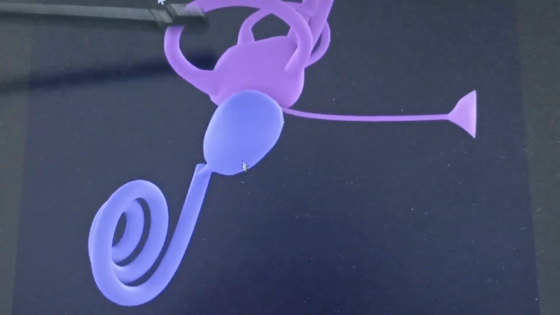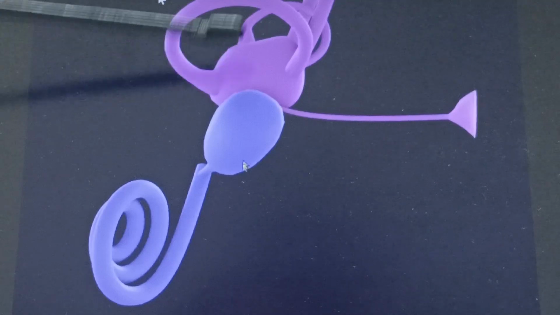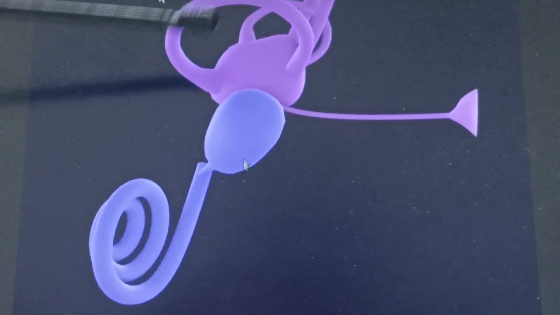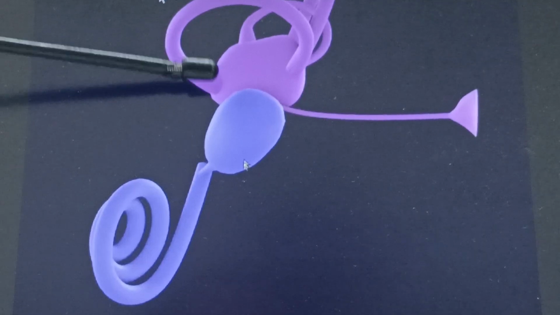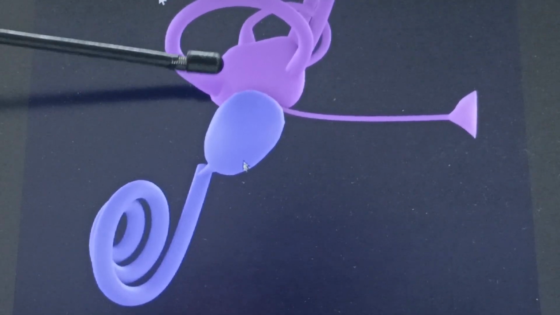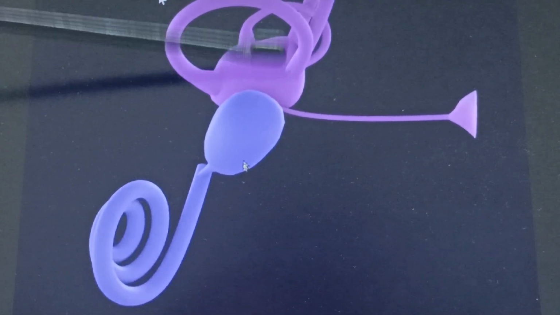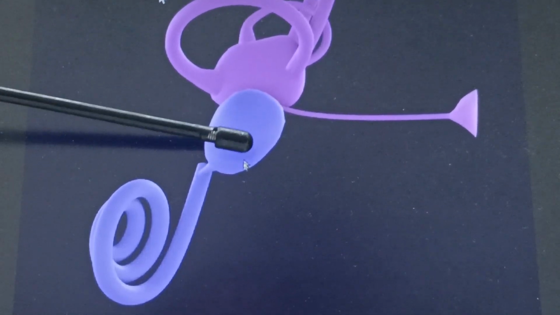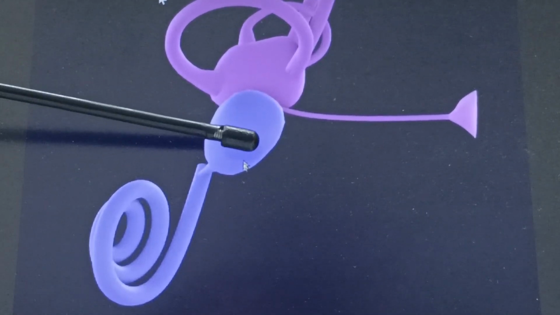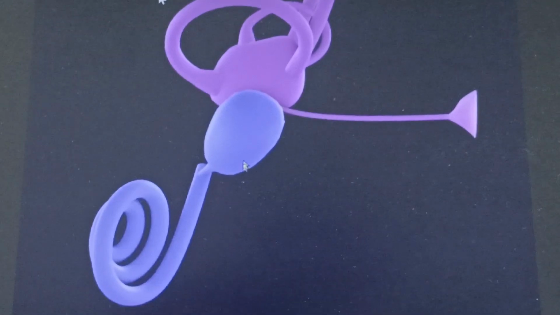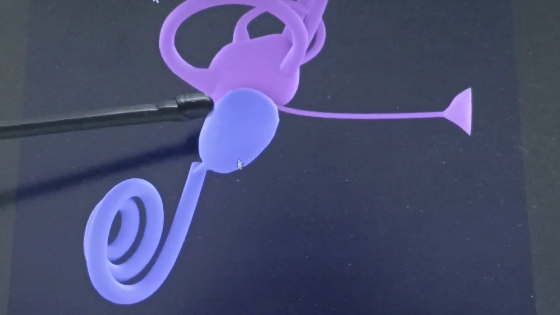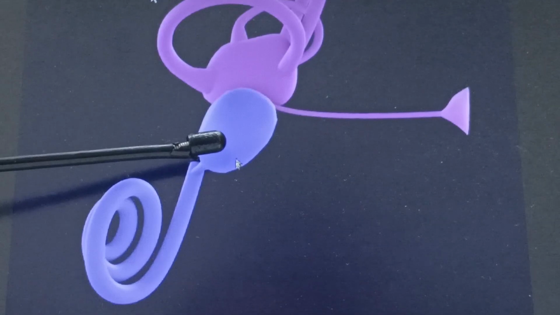Now in this picture you can well observe these dilated ends called crus ampullare, and they contain inside the sensory organs, the crista ampullaris, and the saccule will also have a sensory organ called the macula of the saccule, right?